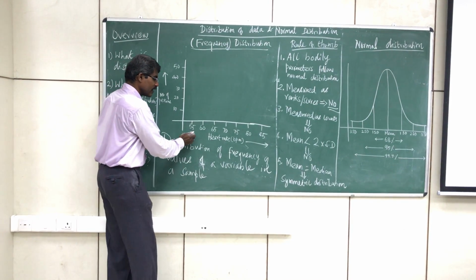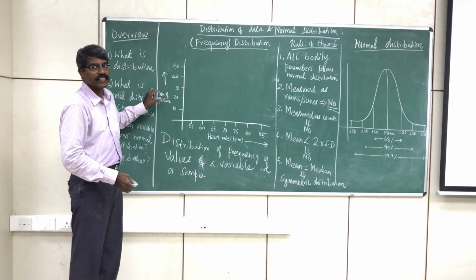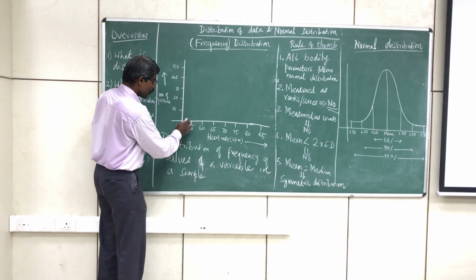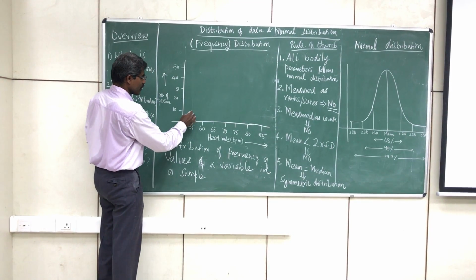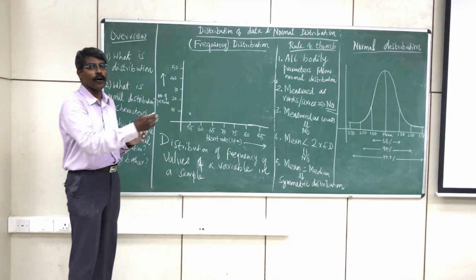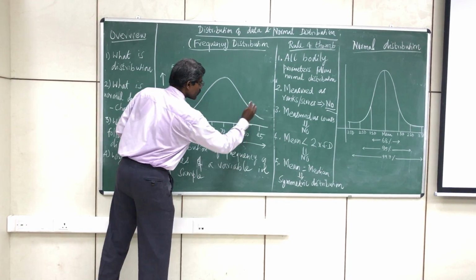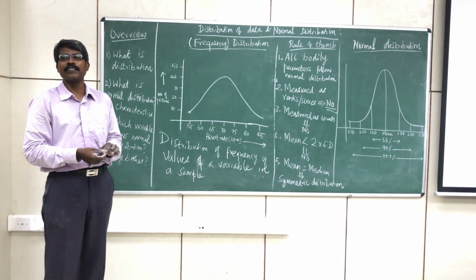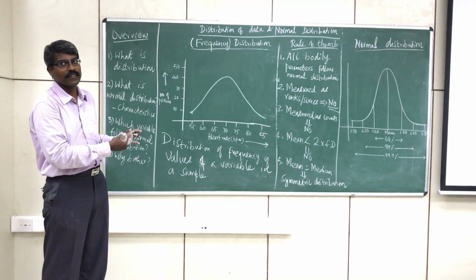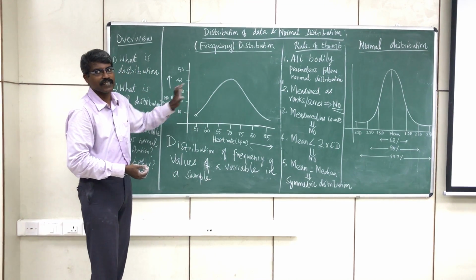If you plot heart rate in the x-axis in beats per minute, and plot the number of persons in that sample having a particular heart rate, say how many people have 55 as heart rate, if I mark, for example, 10, then 56, 57 and so on, and join all these lines to form a curve, this refers to frequency distribution, or in other words, distribution of the heart rate. So this is called distribution of data, or in other words frequency distribution.